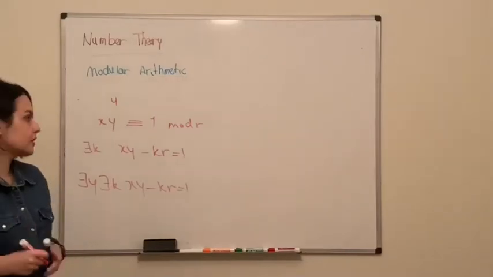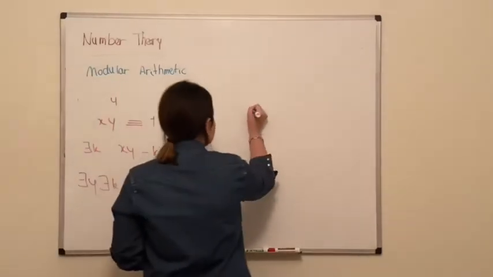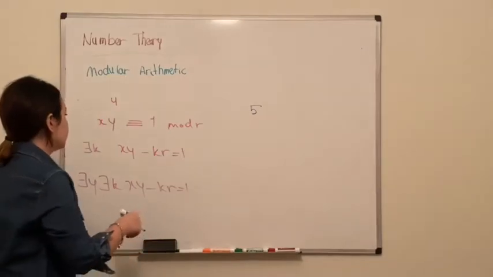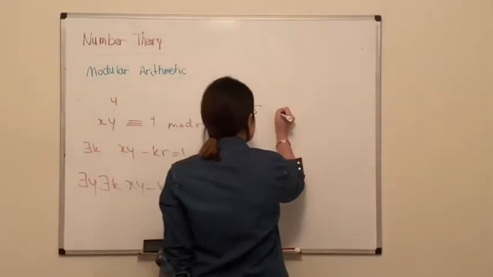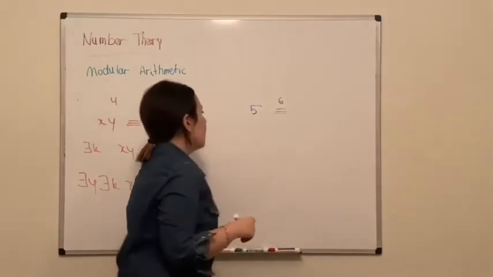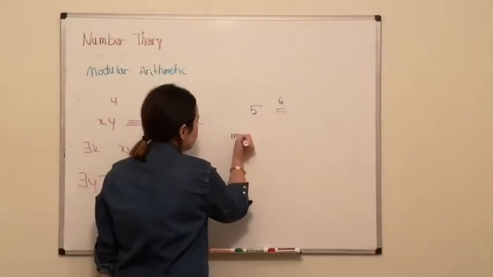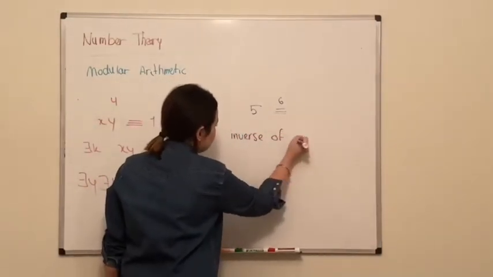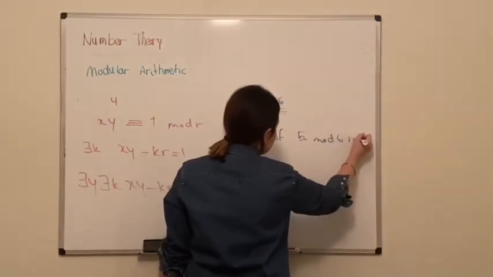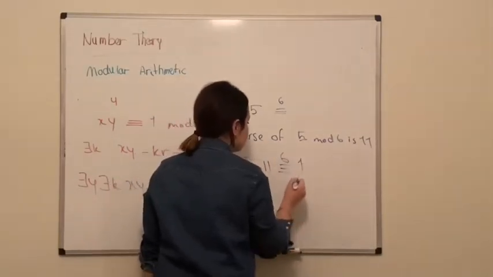To understand this concept better, if I have 5 and I have the number 6, then that y, or inverse of 5, let's say inverse of 5 mod 6, is 11, because 5 times 11 mod 6 is equal to 1.